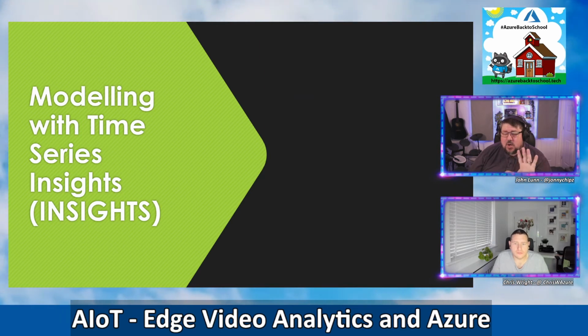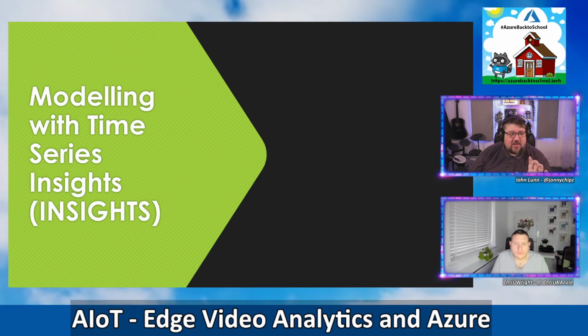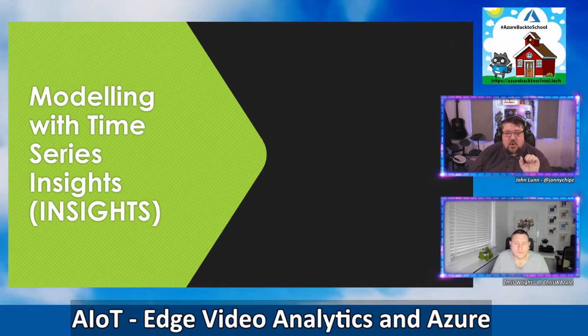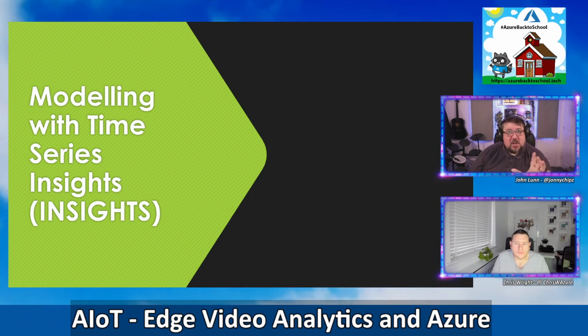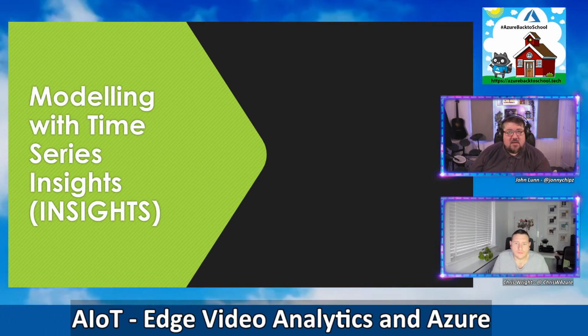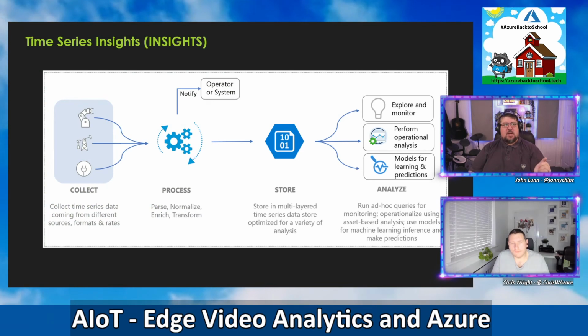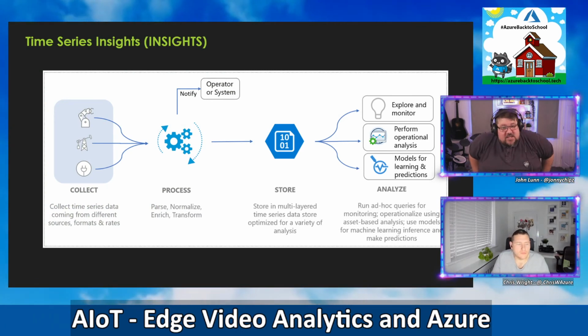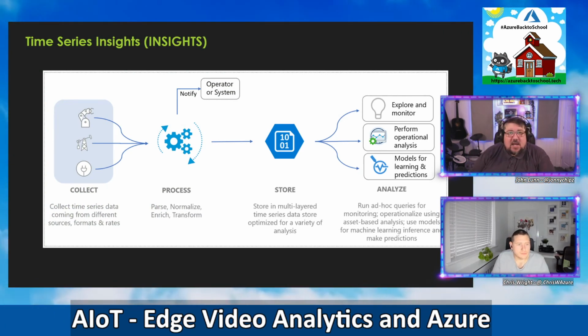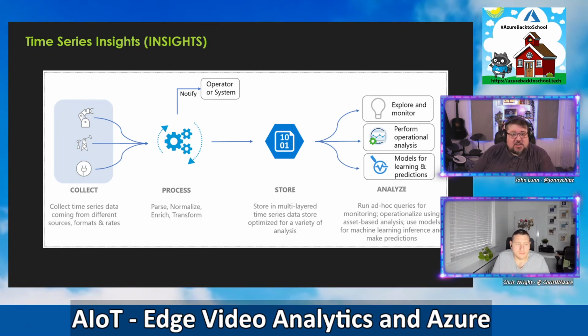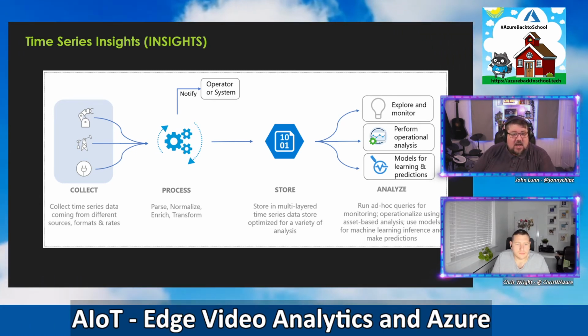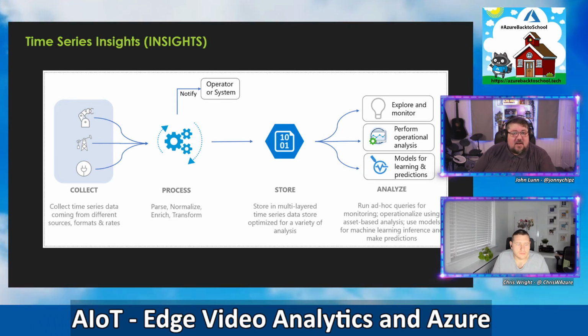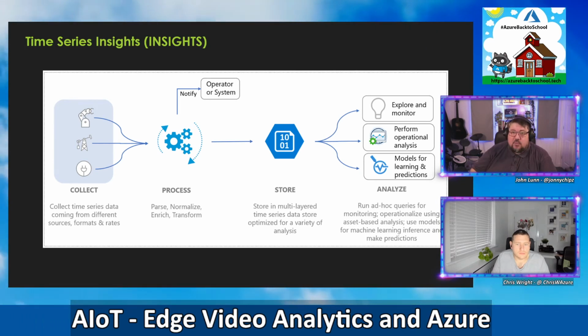So the last two quick sections, and we'll make them quick in the interest of time now, Chris, are really about what kind of tools we can use to start doing something with that data. The first thing we're going to look at is Time Series Insights, which is a service within Azure that we can set up and use to start looking at some of this data in real time.